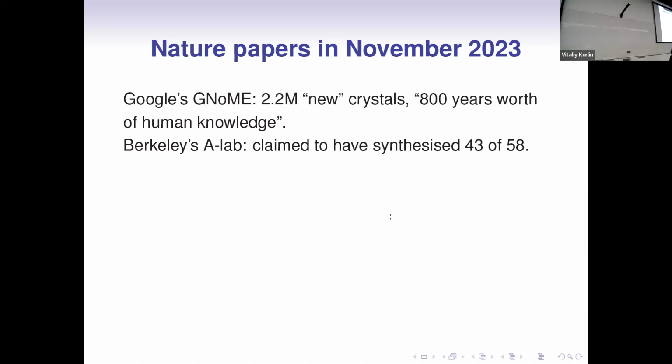Beautiful, isn't it? And the whole idea was even better because they decided to go further and actually test in practice the crystals that were created. For that, they partnered with Berkeley A-Lab, an automated laboratory that tries to automatically synthesize materials from some files.